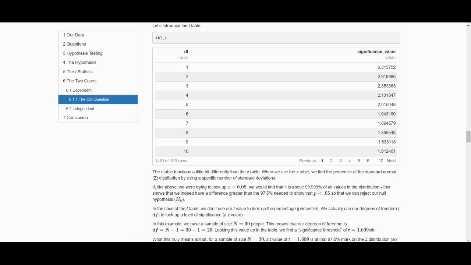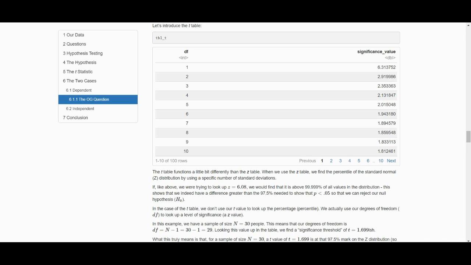Well, the t-table functions a little bit differently than the z-table. When we use the z-table, we find the percentile of the standard normal distribution by using a specific number of standard deviations. So if, like the above, we were trying to look up that z equals 6.08, we would use this leftmost column to find the 6.08 mark, and we would find a percentage here.